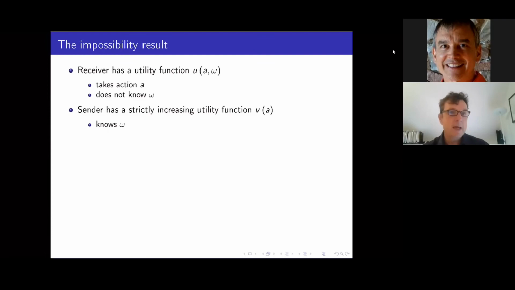So let me state these two impossibility results formally with a model, and that's going to be the model that we then later are using also for the Bayesian persuasion setting. So it's helpful to do it right now. So we want to think about the receiver as the one who will eventually choose an action A. And his utility function depends both on the action that he chooses and the true state of the world.